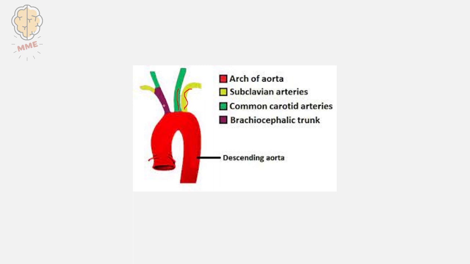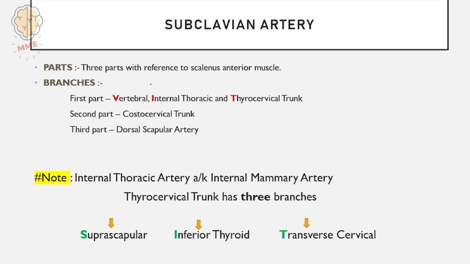This is the brachiocephalic trunk. This is the right common carotid supplying the neck region, and this is the right subclavian artery supplying our right side upper extremity. Next we will start with the subclavian artery.